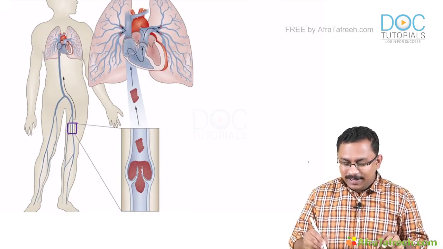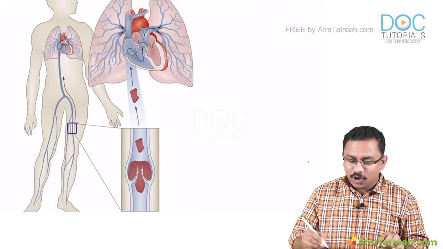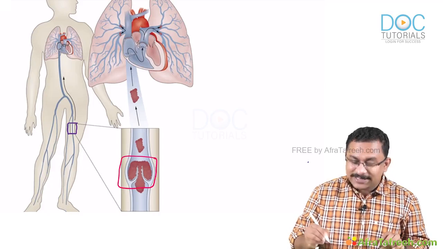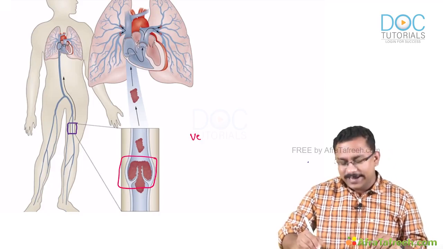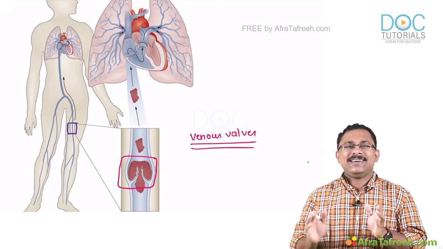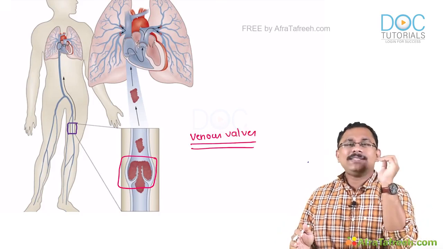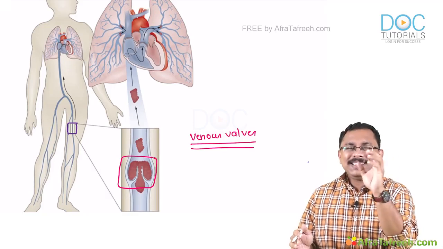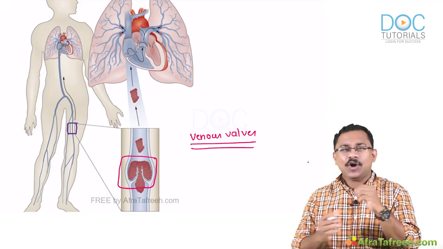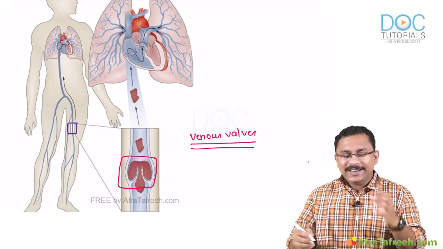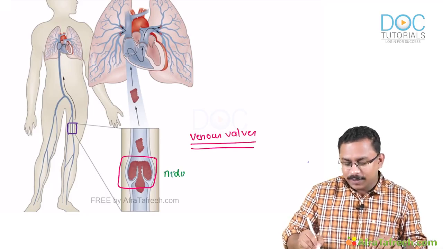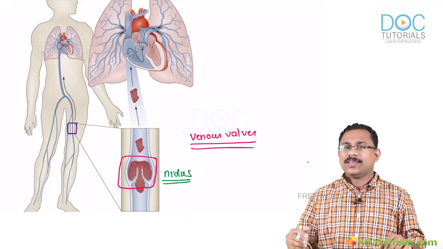As you might appreciate here, the thrombus formation is often at regions where there are venous valves, because at sites of venous valves, it is likely that the normal streamline flow of blood is slightly interrupted, and because of that there is a chance of thrombus formation. So often the region of the valves would serve as the nidus for the thrombus origin.